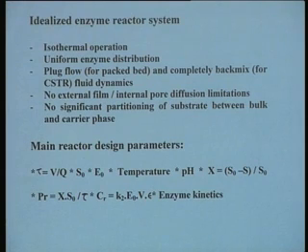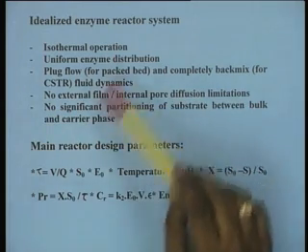We can take up those issues one by one, and to begin with we can only consider an idealized enzyme reactor system, whereby we would like to make certain assumptions before we go into the reactor performance. The first assumption is that the reactor undergoes isothermal operation. That means the delta H value of the reaction is not very high, so there is no temperature gradient in the reaction. And of course, uniform enzyme distribution.